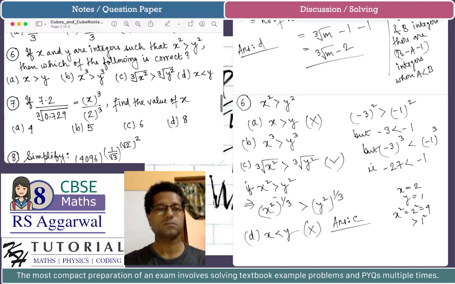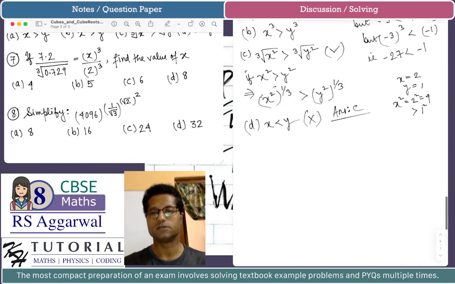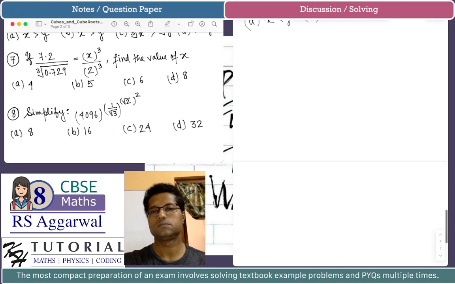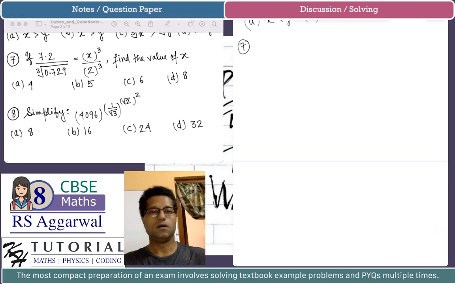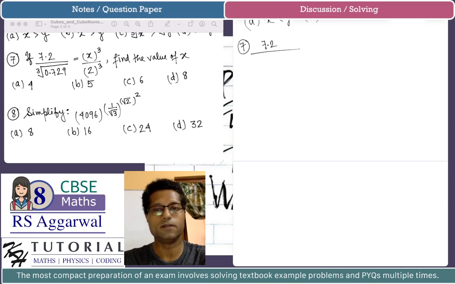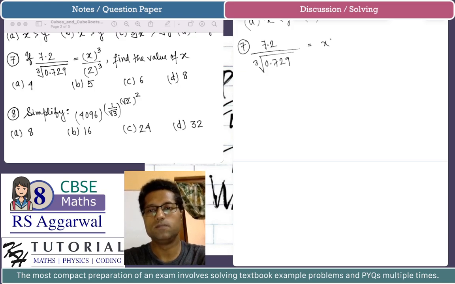Okay, let's do problem number 7. An equation is given and we have to find the value of x. The equation is 7.2 divided by cube root of 0.729 is equal to x cube divided by 2 cube.